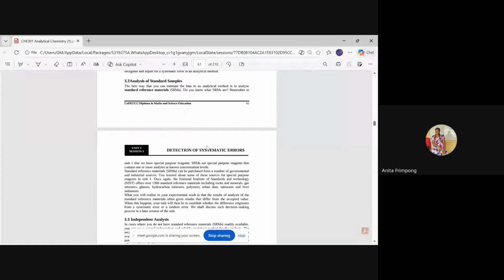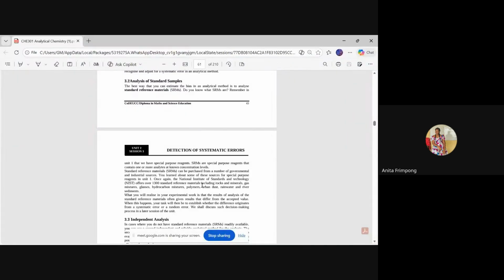Once again, the National Institute of Standards and Technology (NIST) offers over 1,300 standard reference materials including rocks and minerals, gas mixtures, glasses, hydrocarbon mixtures, polymers, urban dust, rainwater and river sediments.